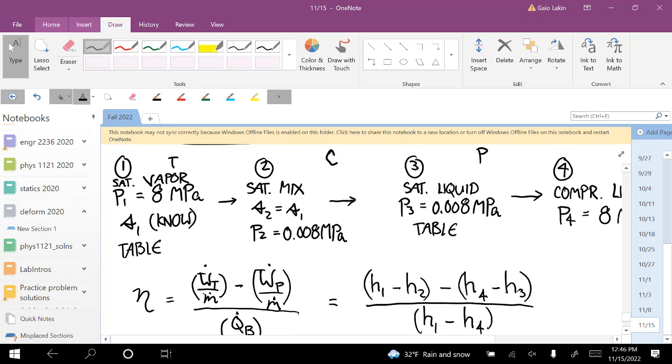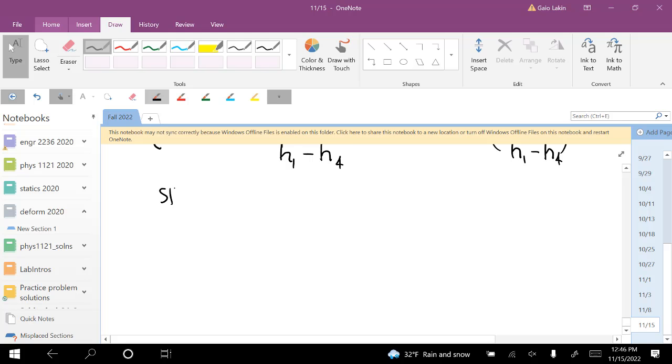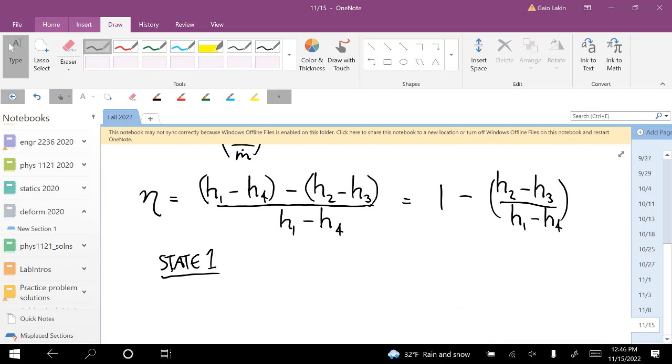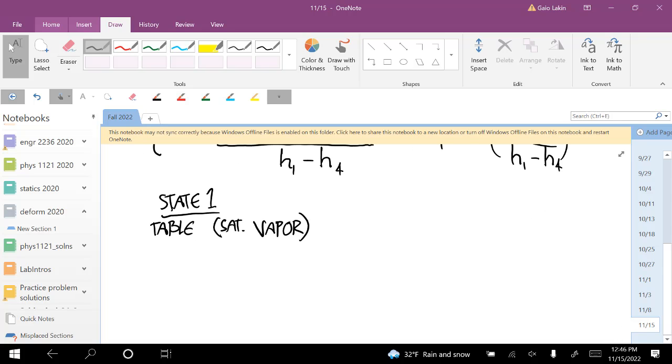So for state 1, that's a saturated vapor, and we have a pressure of, so H1 is equal to 2758 times 10 to the third.